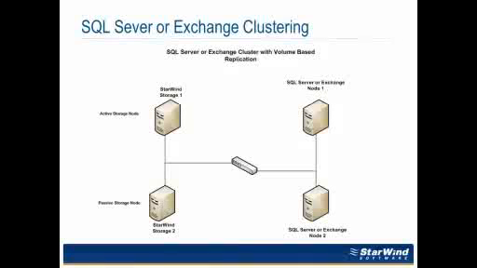This is a scenario using asynchronous replication, which really defines the fact that replication data only flows in a single direction. Everything connects to this active node, and this passive node remains passive until it's pressed into service.